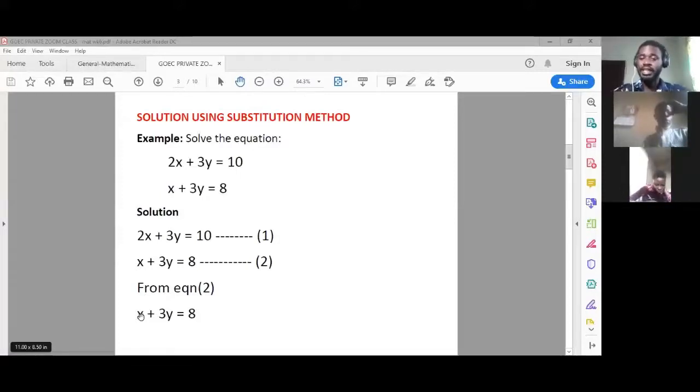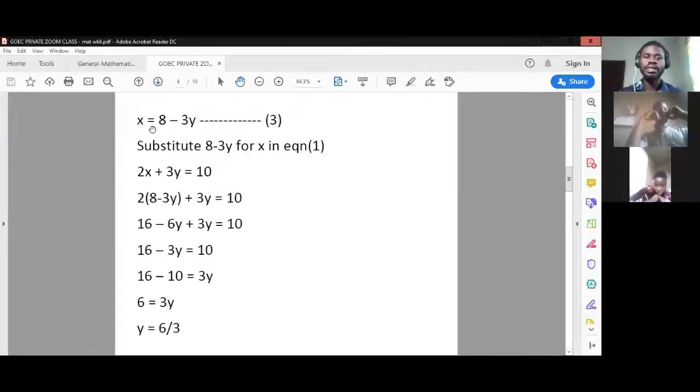It's going to become a king in that kingdom. So just send all the other people away to the other side and make x stand alone. You take this 3y and transfer it to the other side. It becomes minus when it gets there. So you are now going to have x equals 8 minus 3y.